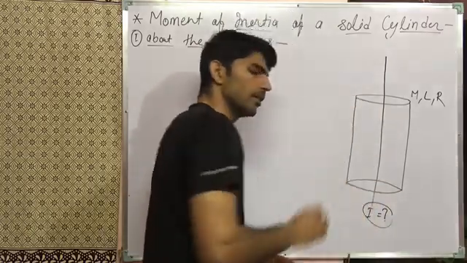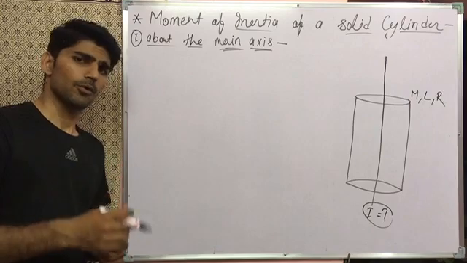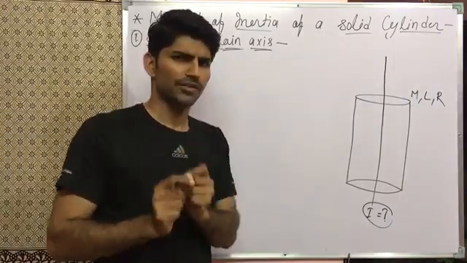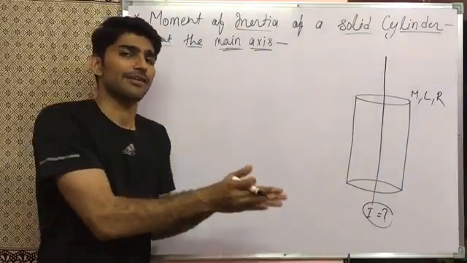So here to determine the moment of inertia, we first take a small component. In this cylinder, whatever component we take should be symmetrical and should have a symmetry.